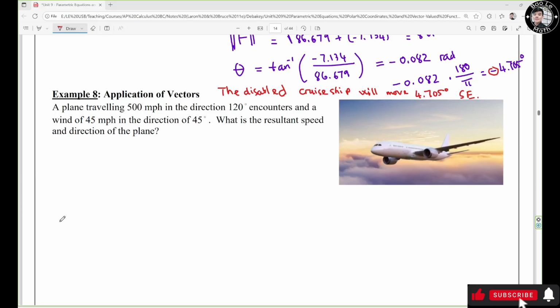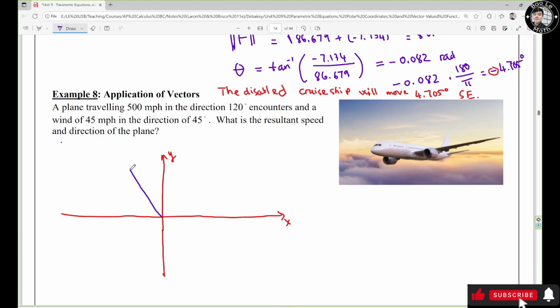Alright, so we need to sketch the x and y coordinate, right? Plane traveling 500 miles per hour in the direction of 120 degrees. So 120 degrees should be right here, right? So this one is 500 miles per hour, and this one is 120 degrees.